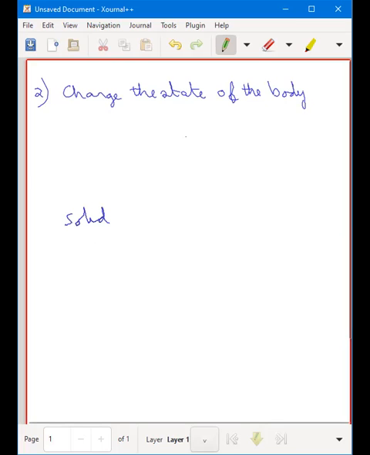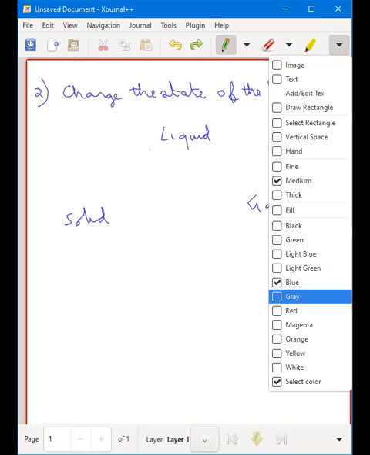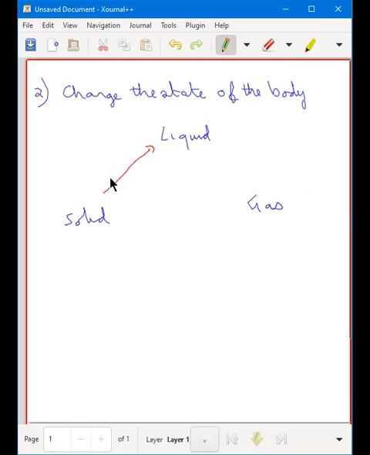We have solid, liquid, and gas. Solid to liquid, let me put this in red. Red is heating. Heating a solid to liquid is called? Melting. Or what is another term for melting? Fusion. Correct, fusion.